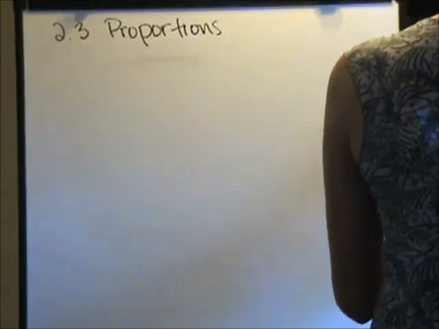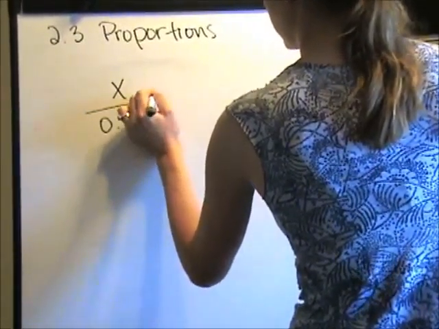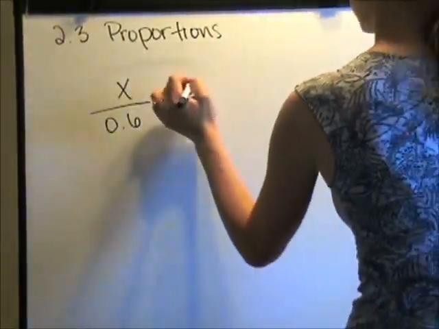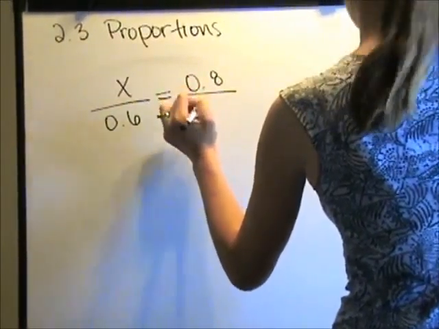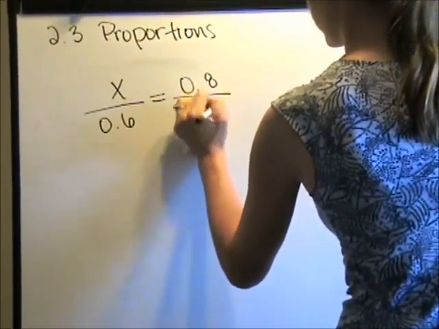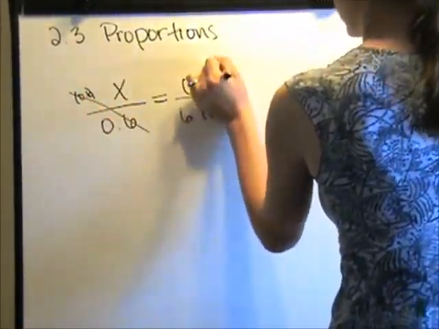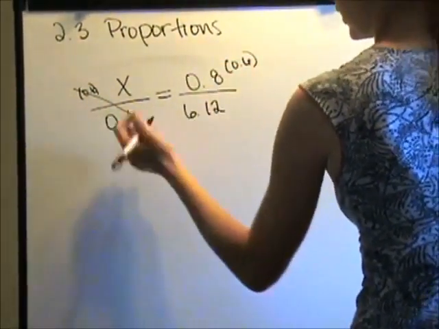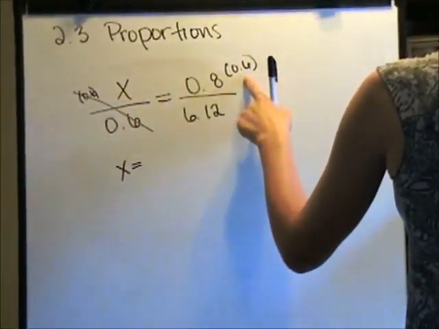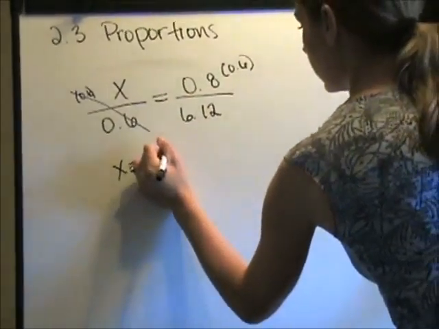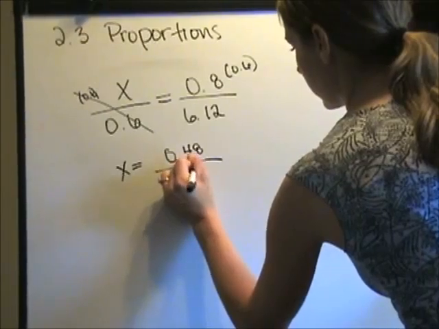All right, number 2, X over 0.6 equals 0.8 over 6.12. Same thing, multiply by 0.6, those two cancel out. This isolates our variable. 0.8 times 0.6 is 0.48 divided by 6.12.